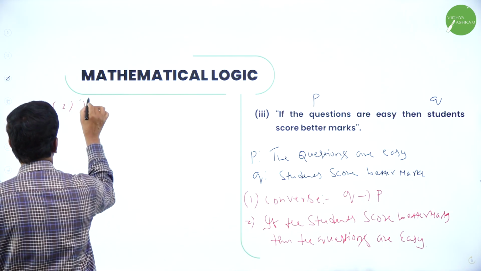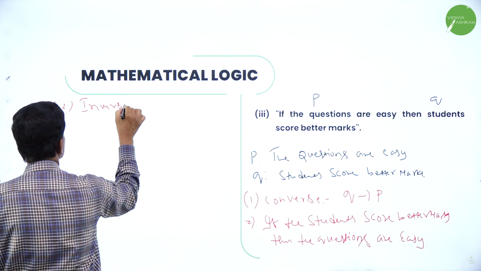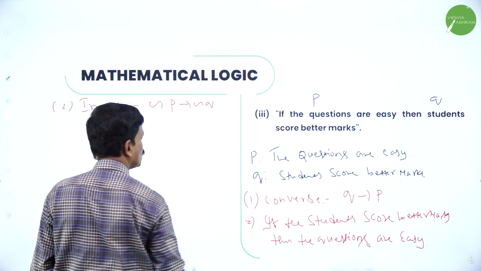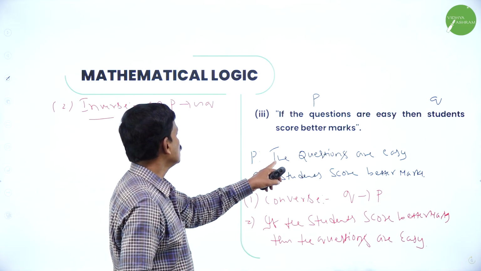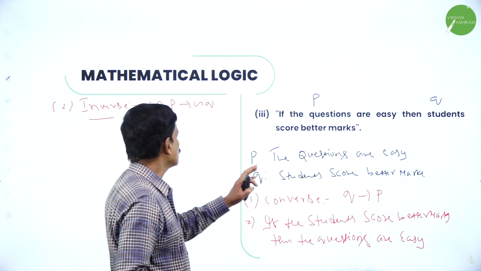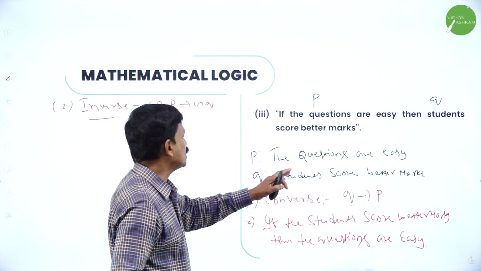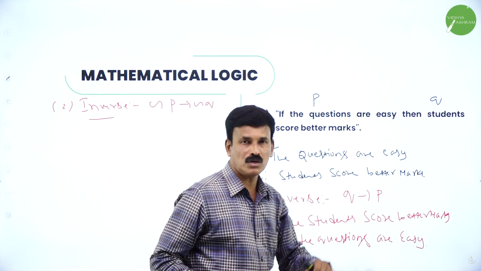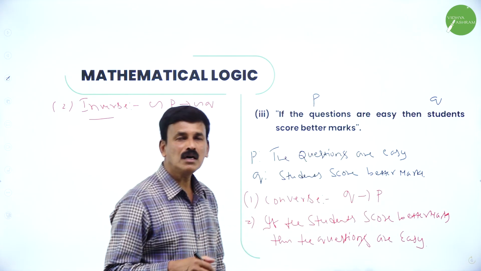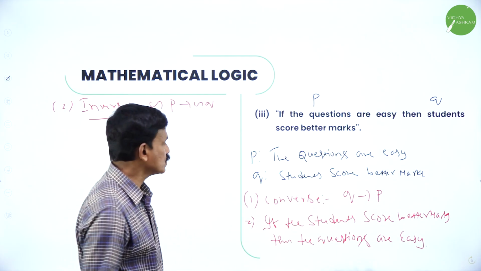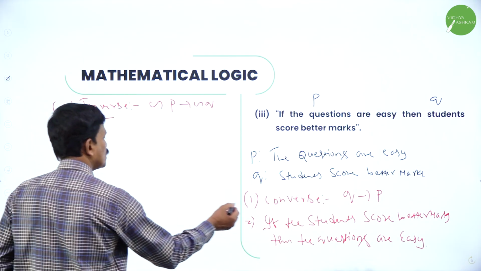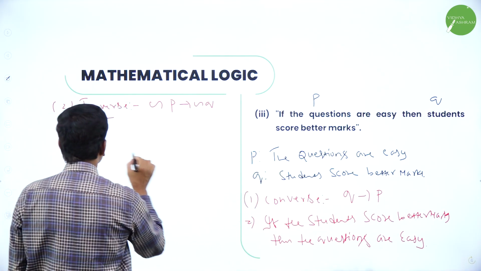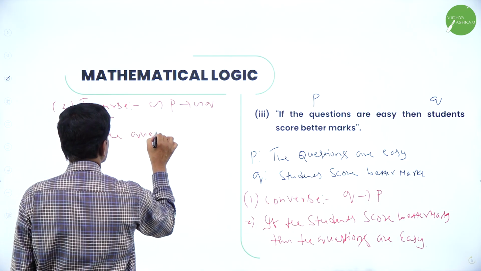Next, the second one, inverse. Inverse means negation of P conditional to negation of Q. What is the negation of P? Questions are not easy. Negation of Q is students do not score better marks. That is the negation of P and Q, right? Now, write down the inverse.